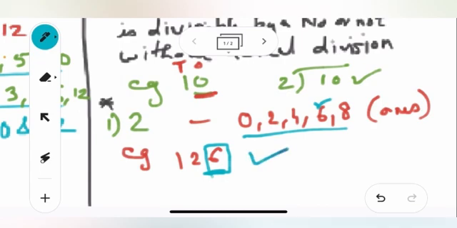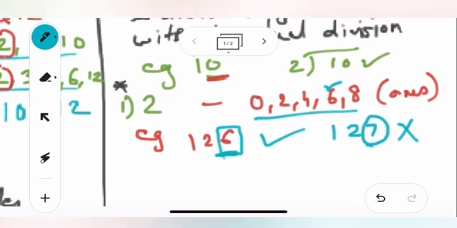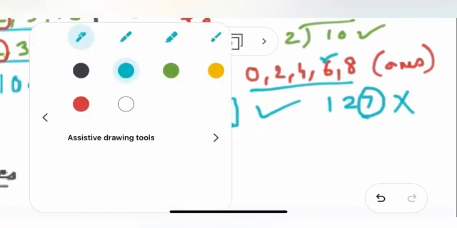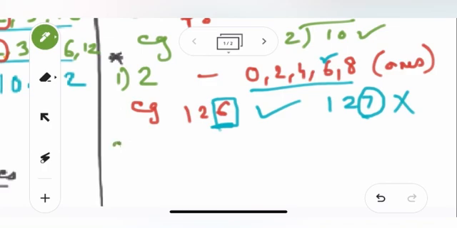So yes, this number is divisible by 2. If I write 127, looking at this 7 in the ones place, 7 is not an even number, so this number is not divisible by 2. This way you can find out whether a number is divisible by 2 or not.